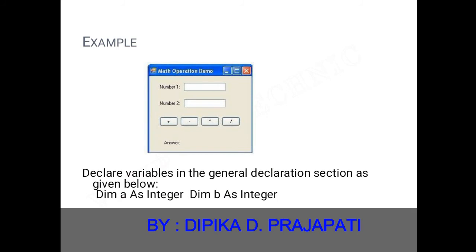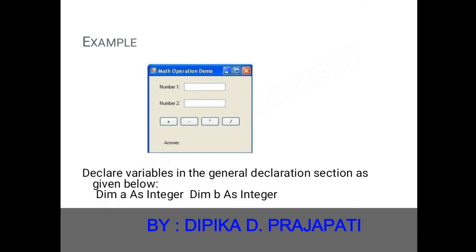And here is our basic demo example of the button control. See here, this is our demo of performing arithmetic operations. Here plus, minus, multiply and division are our button controls.